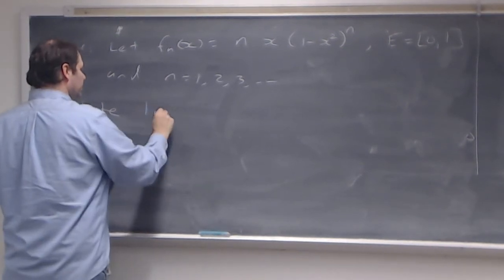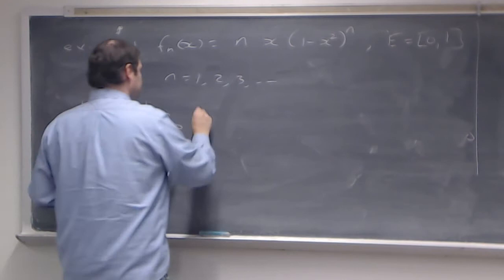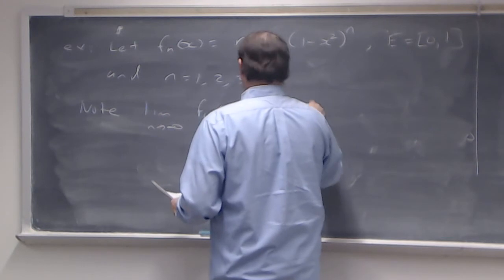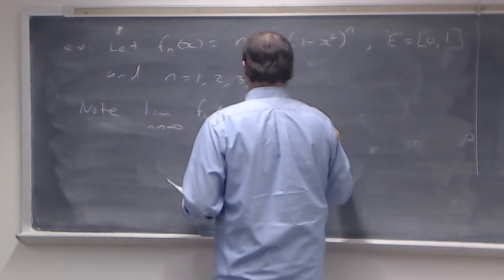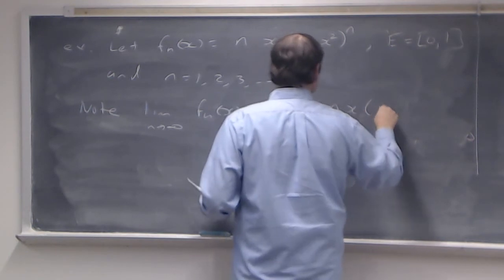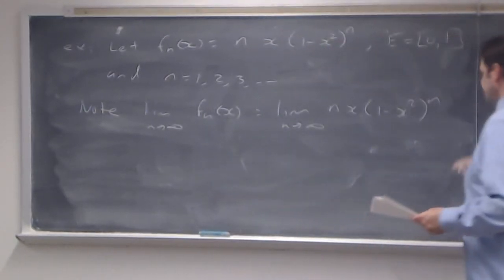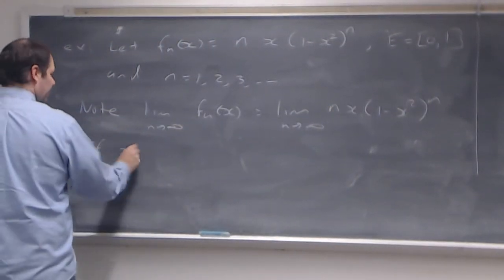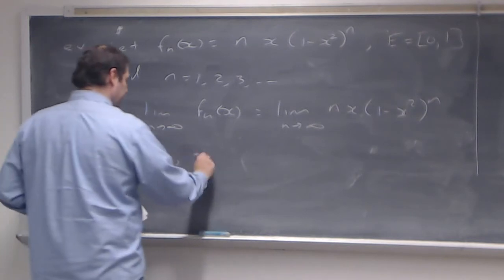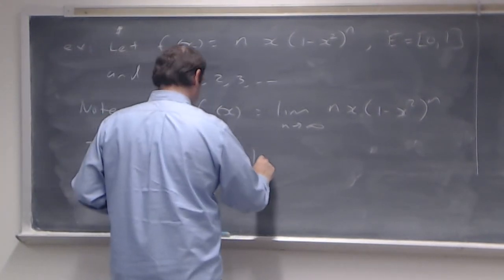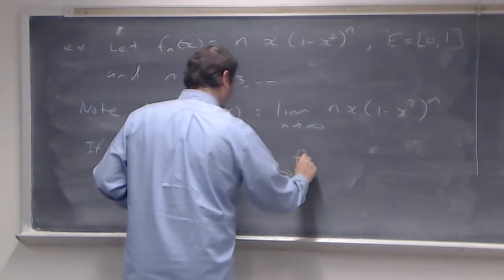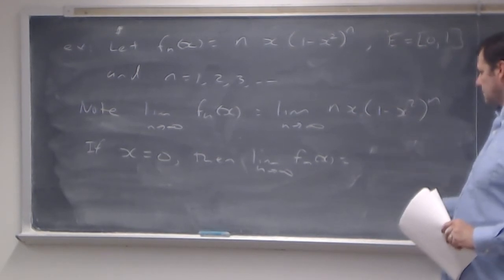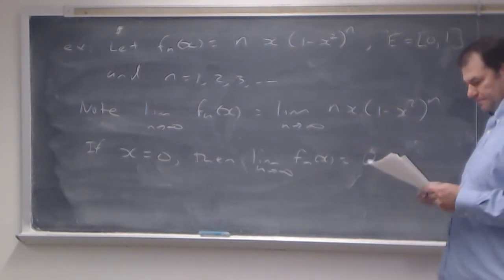sequence of functions. We notice that the limit as n goes to infinity of f sub n of x will be equal to the limit as n goes to infinity of n times x times (1 minus x squared) raised to the n. Now, if x equals 0, then this limit as n goes to infinity of f sub n of x will be 0, and so what you'll get is 0 every time.